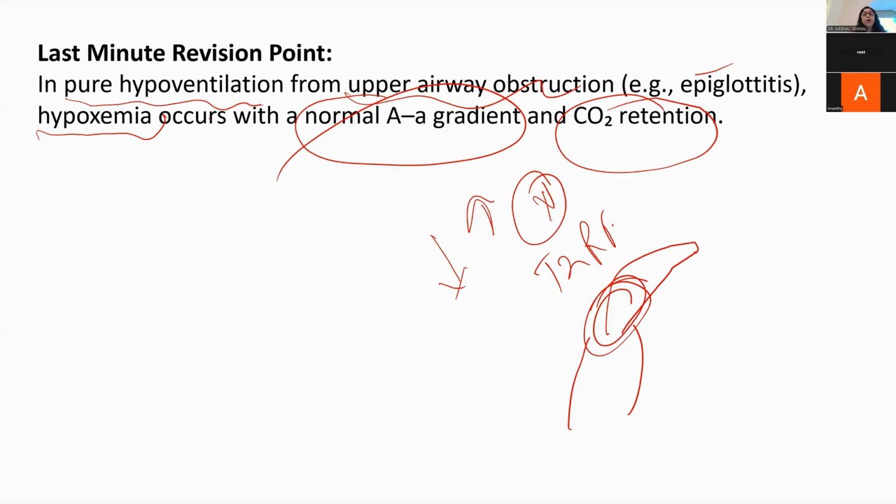This was pure hypoventilation, upper airway obstruction, causing hypoxemia, hypercapnia, and normal gradient, that is type 2.